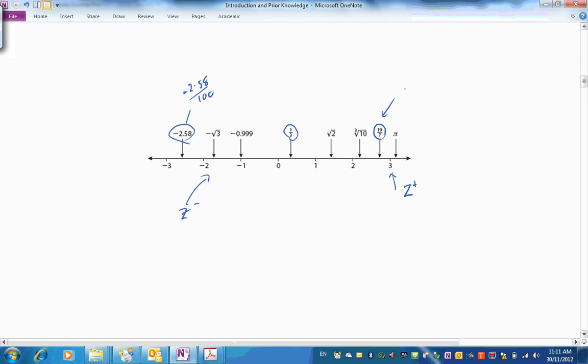Rational numbers are ratios of integers. So any number that has one integer over another, or is a terminating decimal like 2.58, can be written as a ratio of integers. So that's our rational numbers.